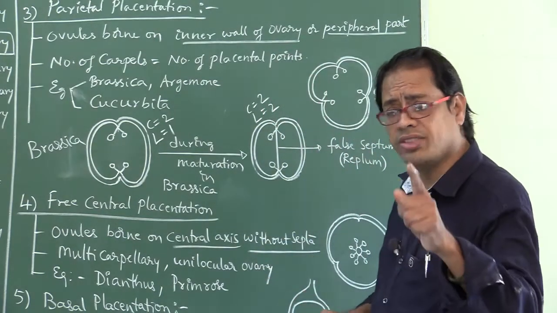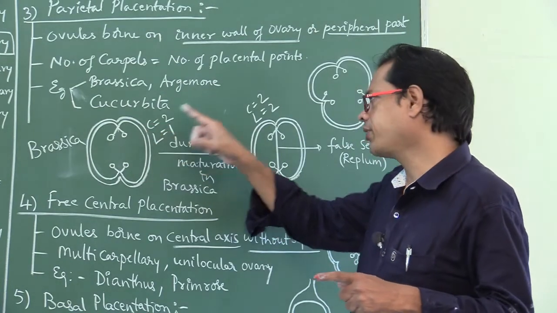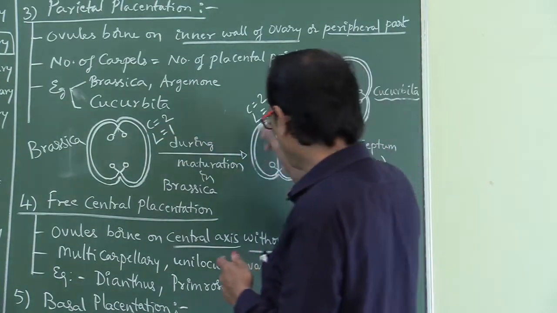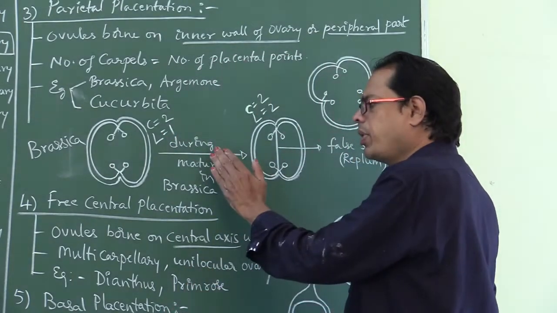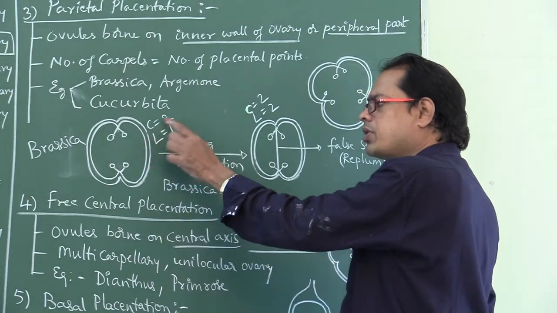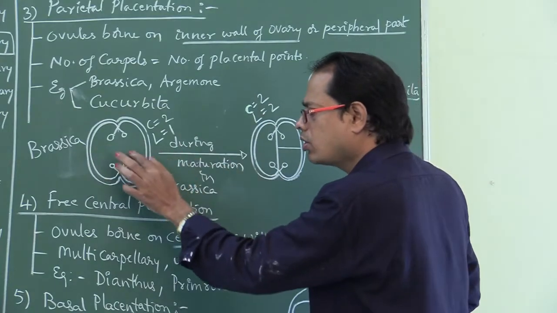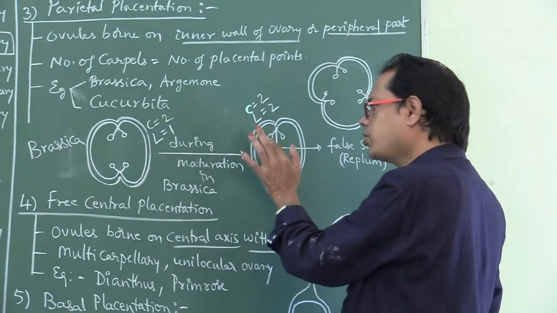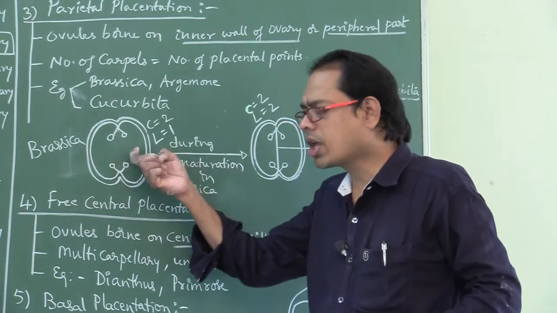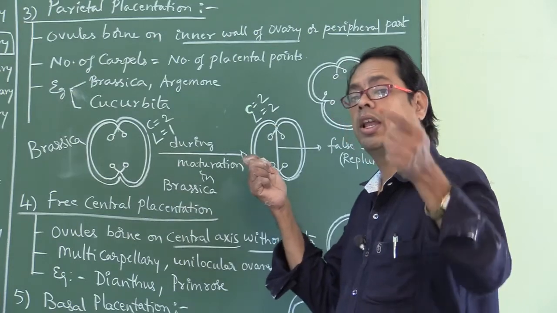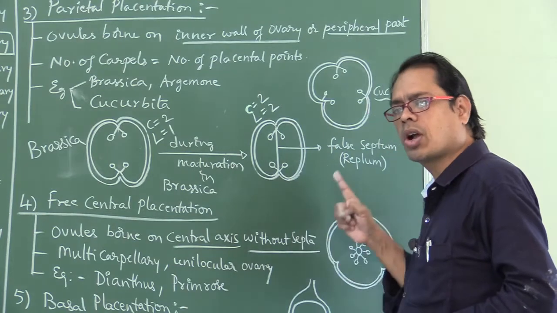There is no change in the number of carpels. Before maturation number of carpels 2, after maturation number of carpels 2. Before maturation number of locules 1, after maturation number of locules 2. So the unilocular ovary becomes a bilocular ovary due to formation of the false septum called replum.